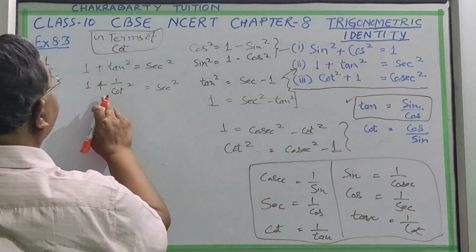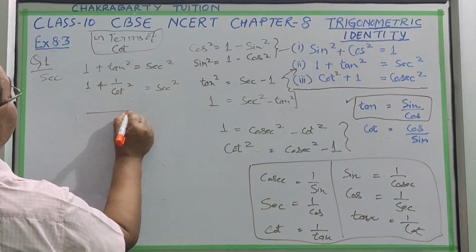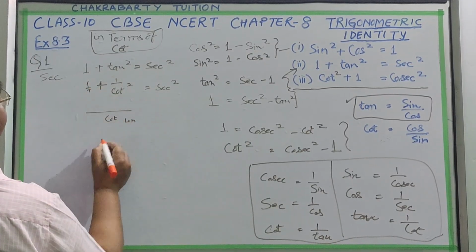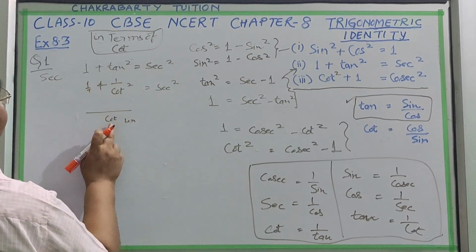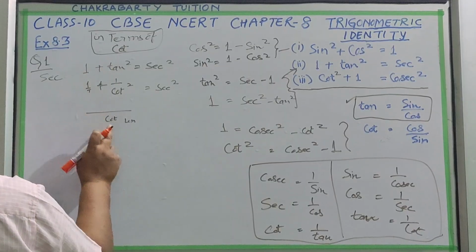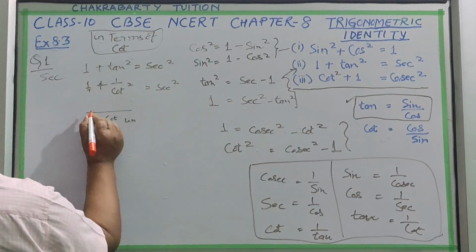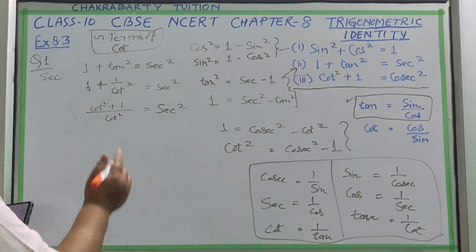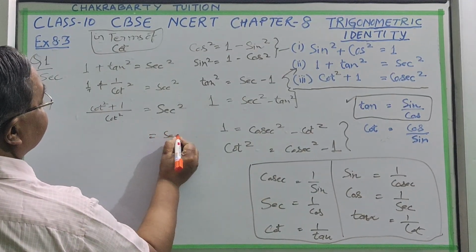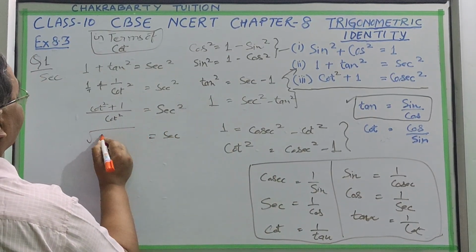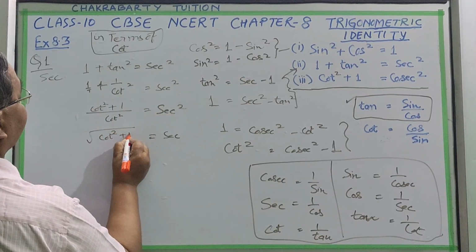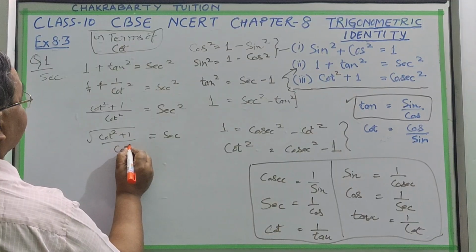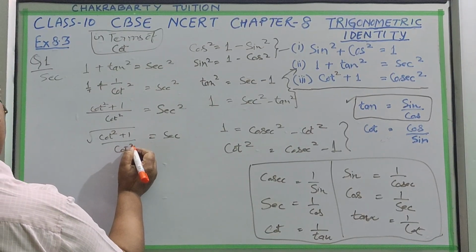Now here you make an LCM. Cot square you take as LCM. Means here 1 upon 1 is there, so cot square will be the LCM. 1 divided by cot square, so the answer cot square will come. This cot square will multiply 1, so here it will become cot square plus 1. So sec equals under root cot square plus 1 upon cot square.